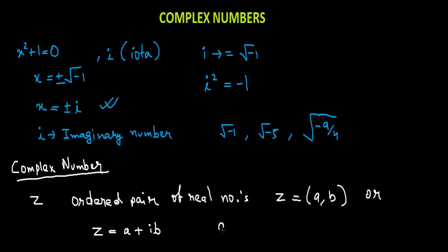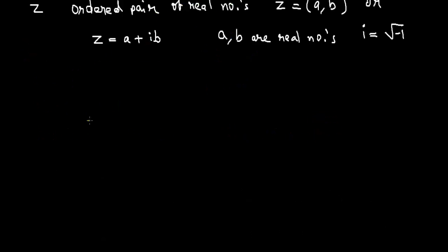Here A, B are real numbers, and iota, that is i, is root under negative 1. Thus a number in the form A plus iB is always a complex number, where i denotes root under negative 1.